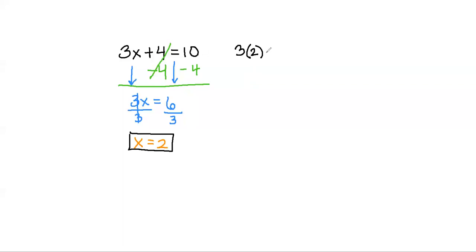So we have 3 times 2 plus 4 equals 10. Now, if we did this correctly, we should have the same number on the left side of the equals and the right. PEMDAS tells us that we're supposed to do parentheses, exponents, multiplication, division, addition, subtraction.